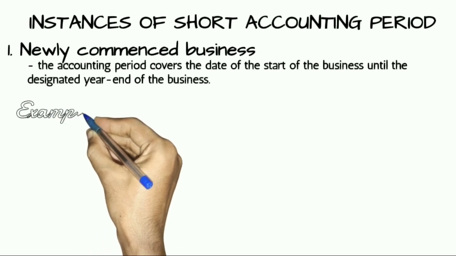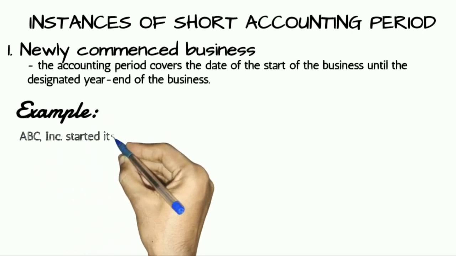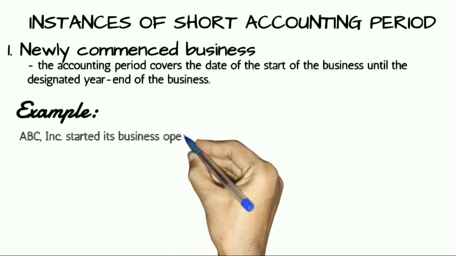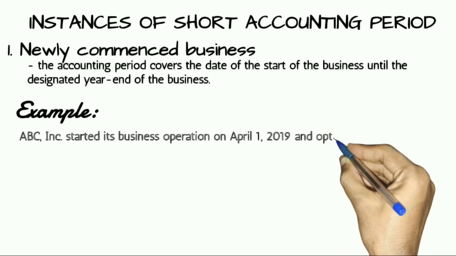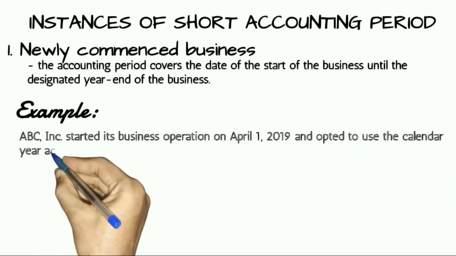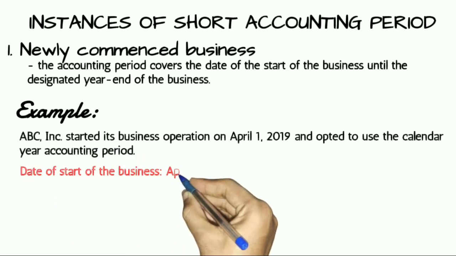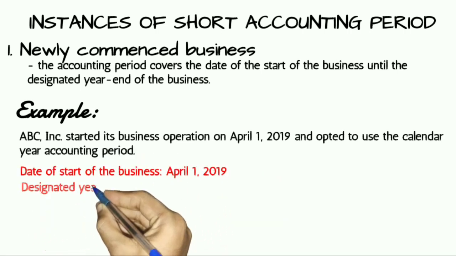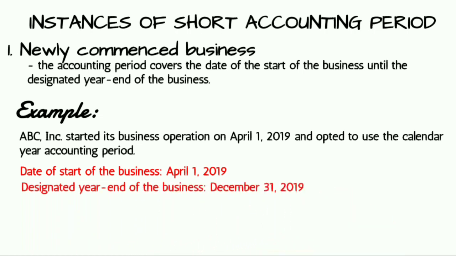For example, ABC Incorporated started its business operation on April 1, 2019 and opted to use the calendar year accounting period. Since ang napili niya ay calendar year, magtatapos yon ng December 31.